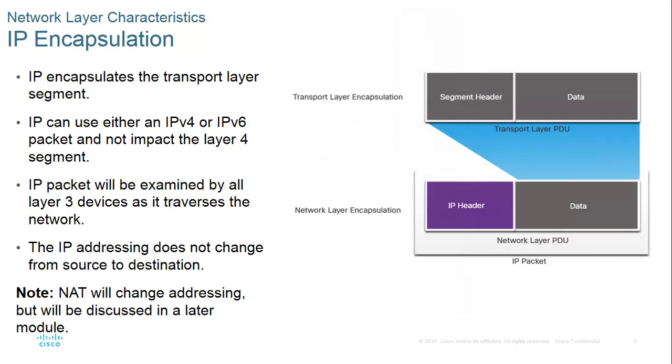The IP packet header will be examined by all layer 3 devices crossed along the path from the source to the destination. The IP address, which is a logical address identifying the source endpoint and destination endpoint, does not change from source to destination.